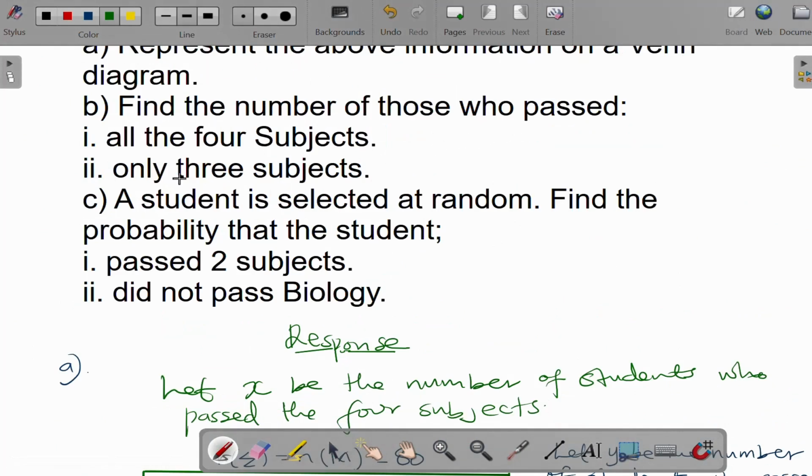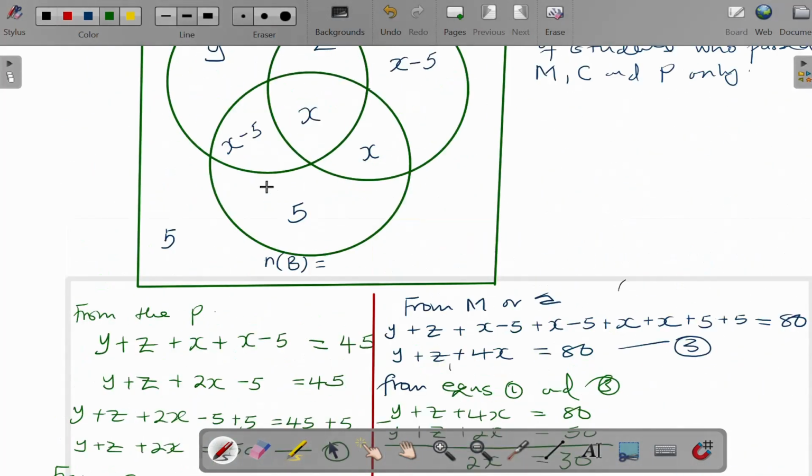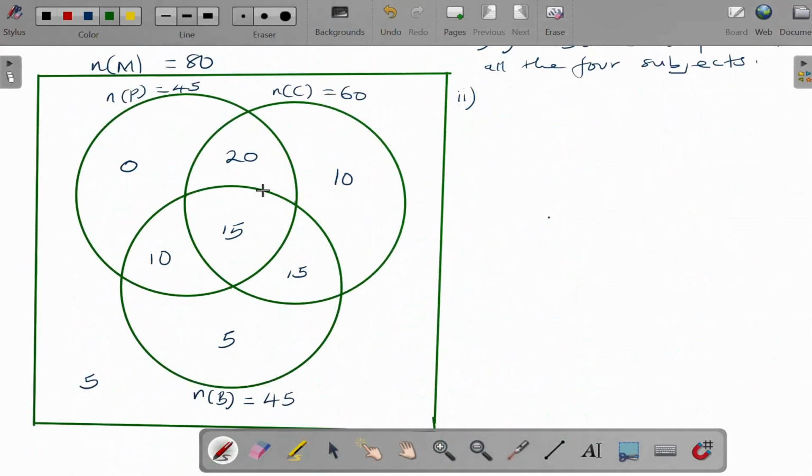Number 2 of our question says find the number of those who passed only 3 subjects. And where are they found? You see this one, 20 passed physics, chemistry, and mathematics. Also 10 passed physics, biology, and math. Even this.